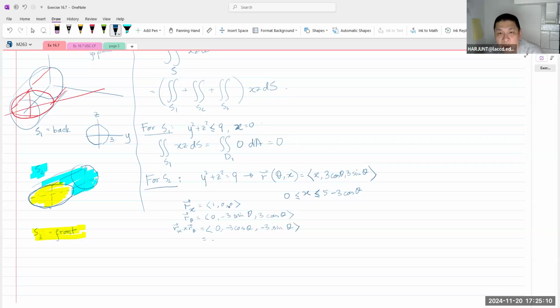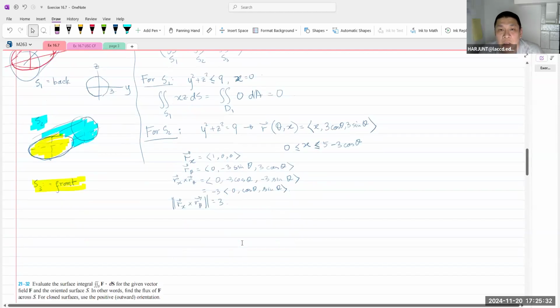I can factor the negative 3 out: 0, cosine theta, sine theta. The magnitude therefore is 3, since the radius is 3, right?